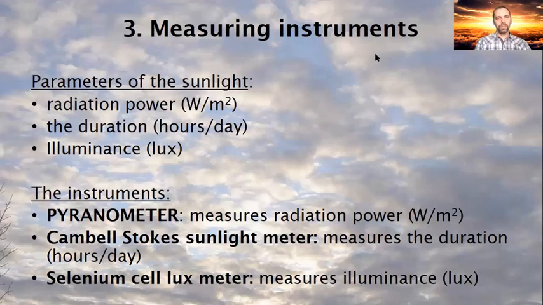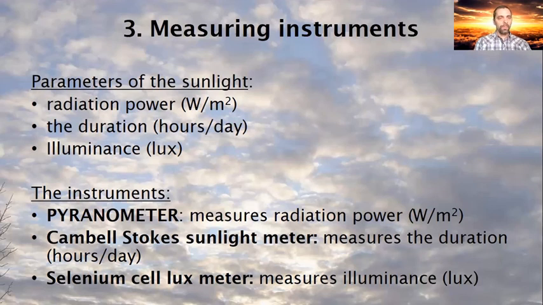In this third part of the video, we will see some devices which are commonly used by meteorologists, researchers, to measure the different parameters of the sunlight. Which parameters are we measuring? We are measuring the radiation power, which is the watt per square meter, the duration, hours per day, and illuminance, the lux measure.